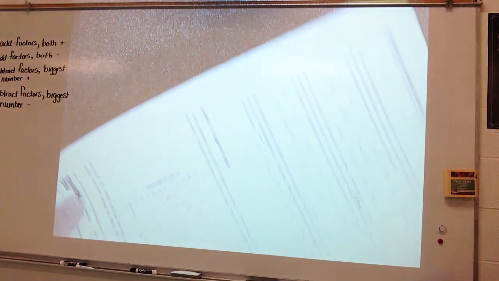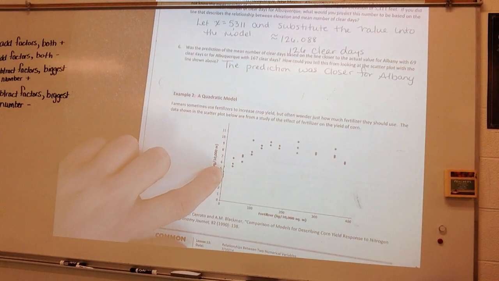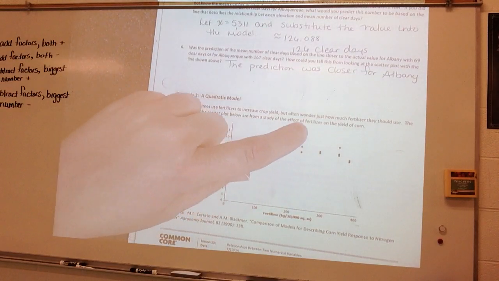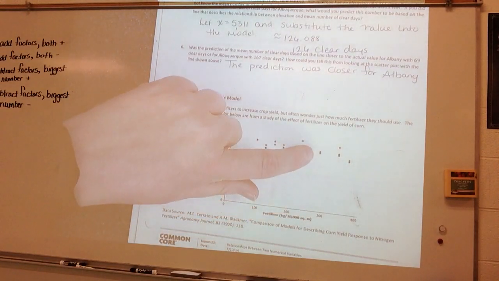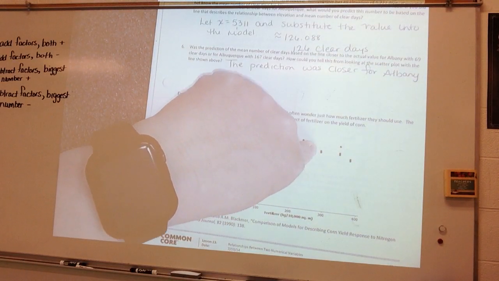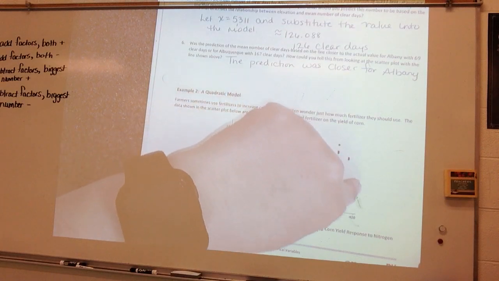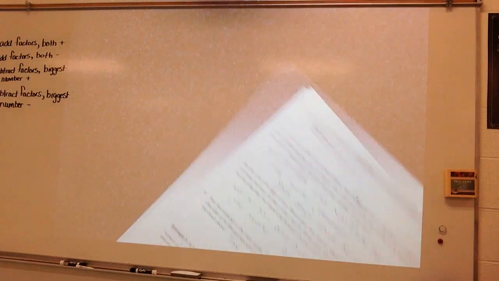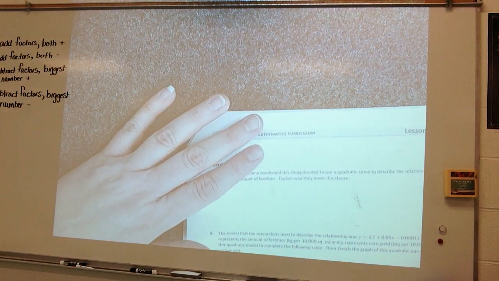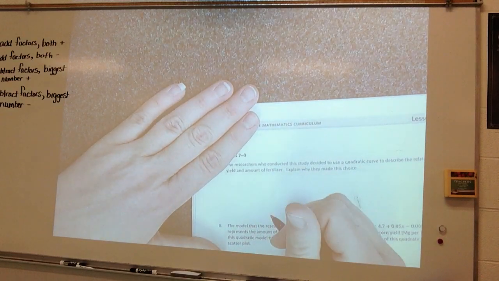Well, if you look in the beginning, as the amount of fertilizer increases, so does the yield. But around 250 kilograms, my yield begins to decrease. So that's why they chose the quadratic curve to explain this.